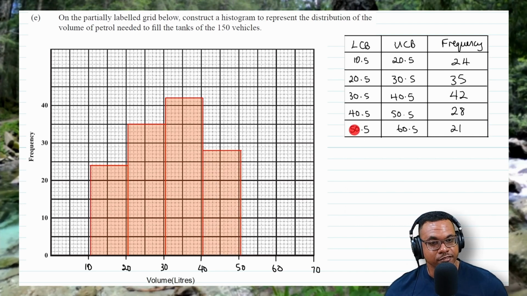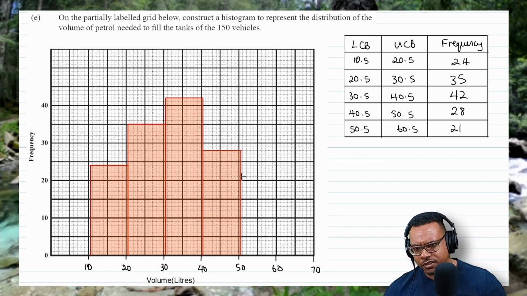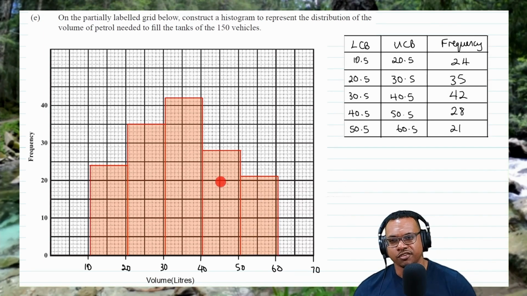And now the last one from 50.5 to 60.5, we're going up to 21. So this is my 50.5 line here. We're going up to 21. So 21 is just about here. And I'm going all the way across to 60.5. And that's it. This is your histogram. And that's it for this video.